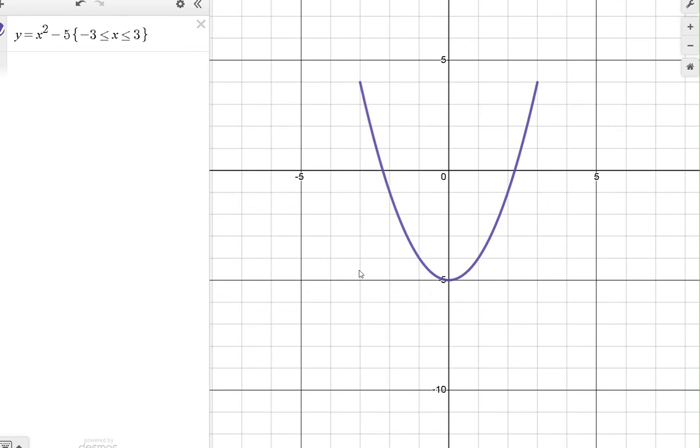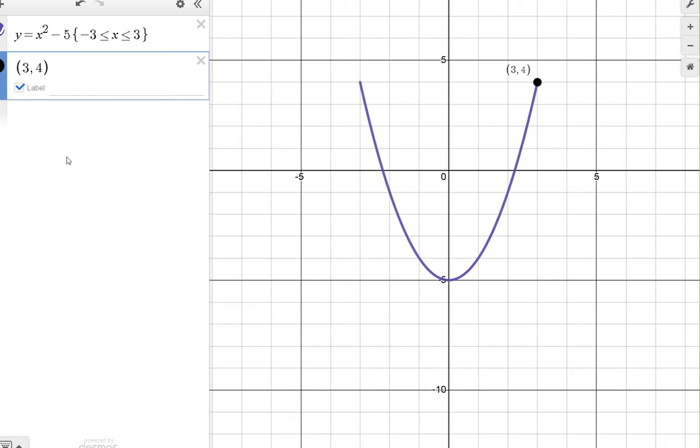And what's nice is that it just limits it to all that you need, which is right here. And you can see you got a minimum here and another point here at 3 and 4. In fact, let me just put that point there. 3, 4, and then we'll label it. Nice. So now that I've got a nice graph of this, I can determine the domain and the range. So why don't you write it down?